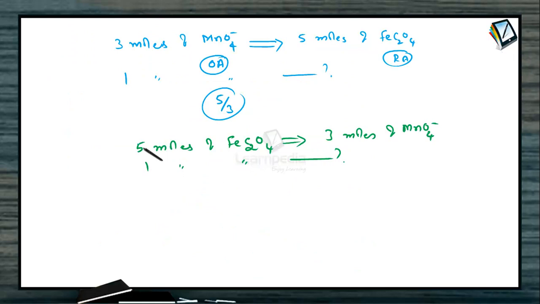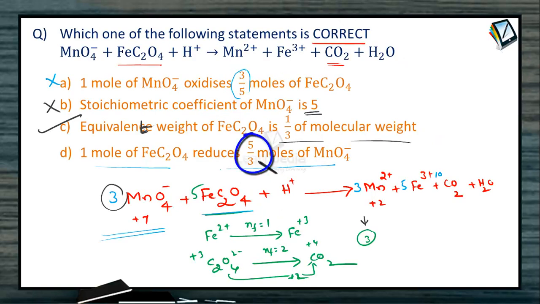So we get 1 by 5 into 3, that is 3 by 5. In the D option, are we given 3 by 5? It is given as 5 by 3. Therefore, D option is wrong. So the answer is C.